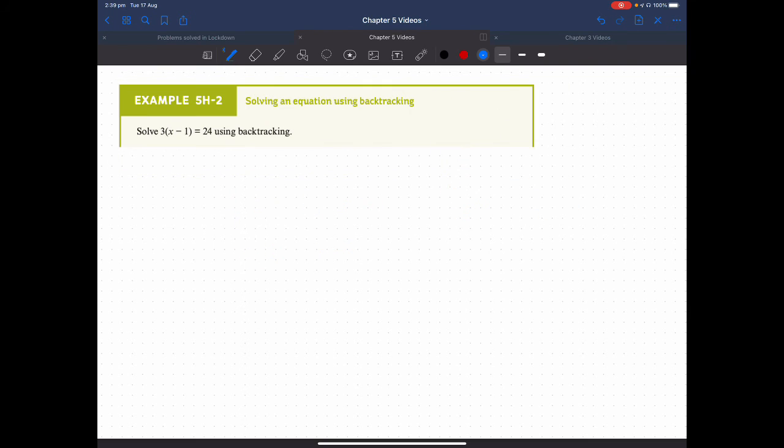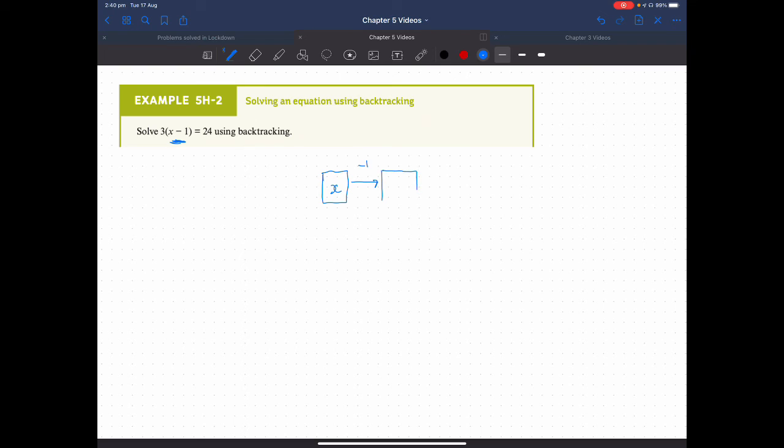Here is example 2. We're going to be doing example 2 using our flowchart first. So the first thing we're going to do is we start off with the letter x. Inside the bracket, there is a minus 1. So we're going to subtract 1.